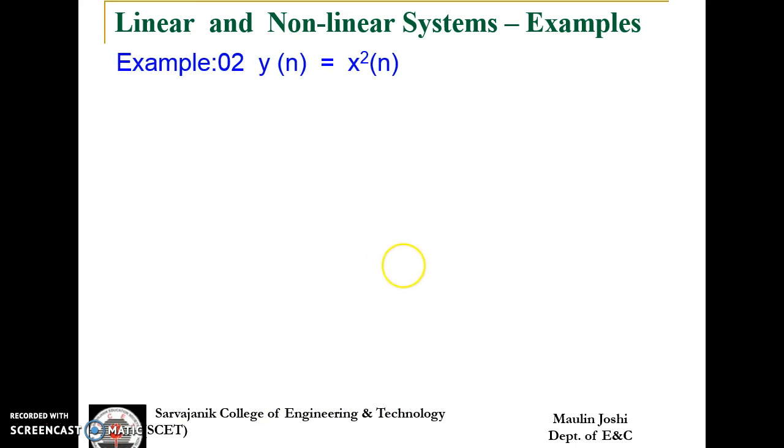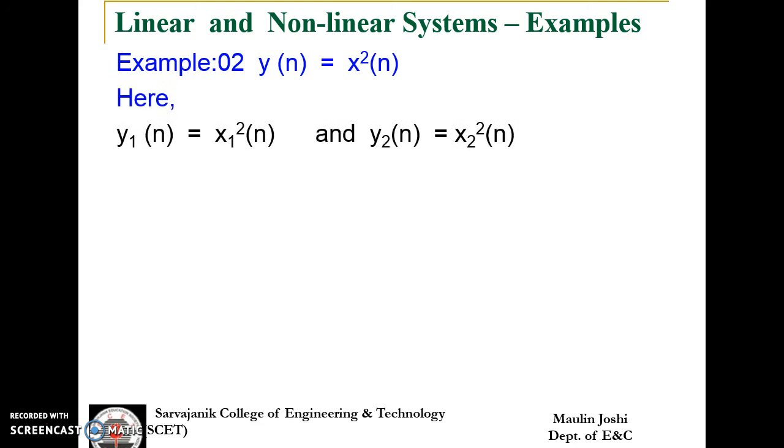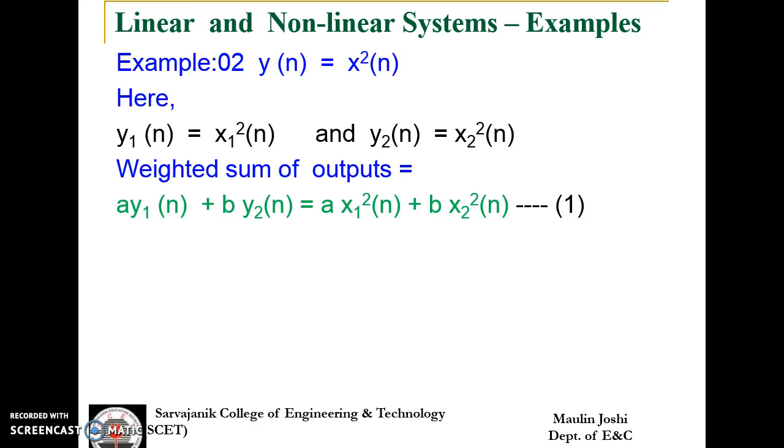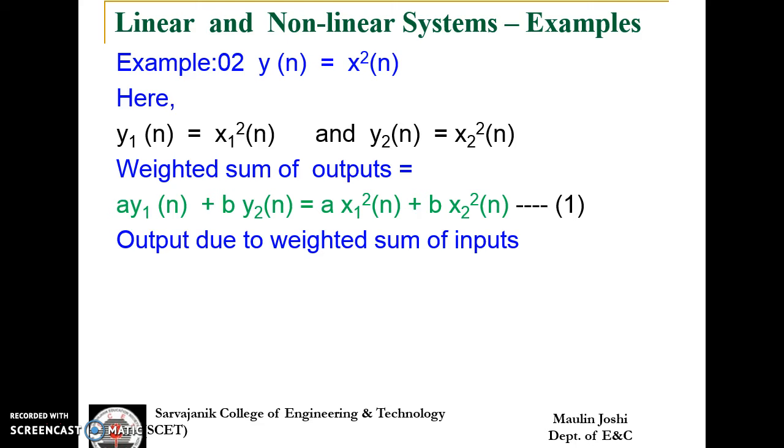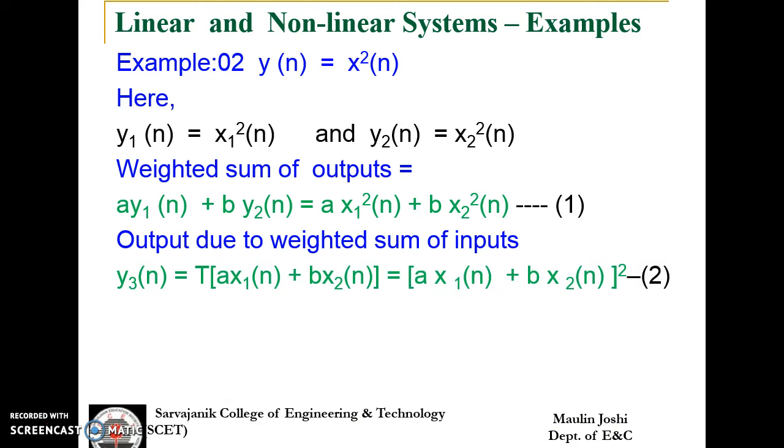Another example, that is y[n] is equal to x square [n]. Here we can see that y1[n] is equal to x1 square [n], y2[n] is equal to x2 square [n]. If we take the weighted sum of the outputs, we'll get a y1[n] plus b y2[n] is equal to a x1 square [n] plus b x2 square [n]. If we take the output due to the weighted sum of the inputs, then we'll get the transformation of this. So we need to replace whenever n comes by this linear combination.